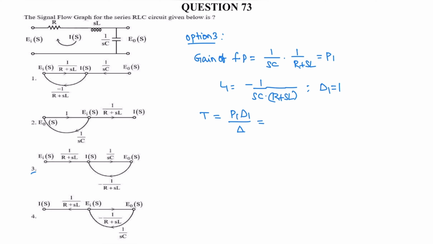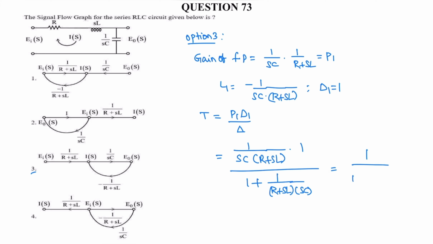So P1 is 1 by SC into R plus SL, into delta 1 which is 1, and delta is 1 minus of minus, that is 1 plus 1 by R plus SL into SC. So on calculation we will get 1 by (R plus SL) into SC plus 1. So this is the transfer function.